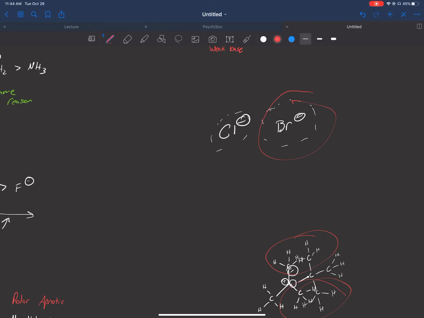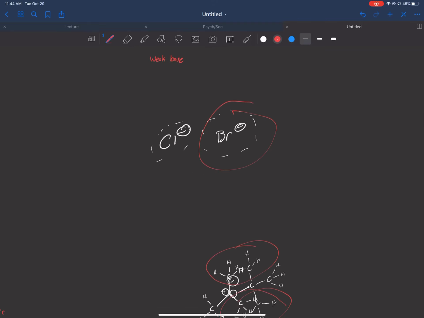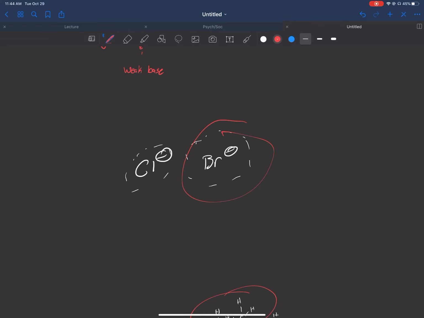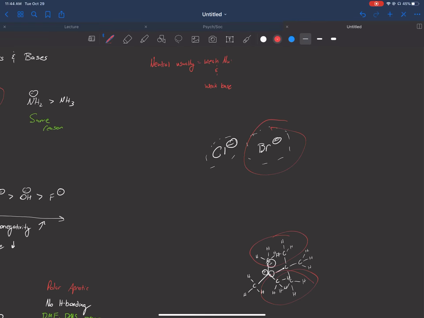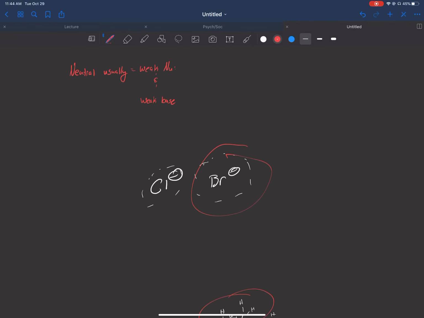In fact, the halogens are considered not basic at all, really. But again, they could ask you to compare between them, right? So watch out for that. So halogens are good nucleophiles, weak bases, all right, except fluorine. Fluorine is not a good nucleophile.